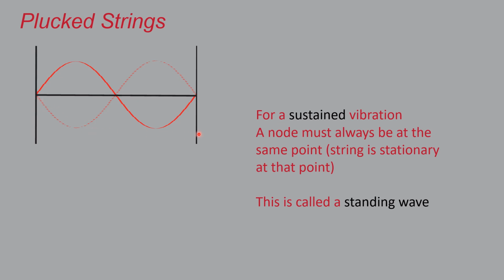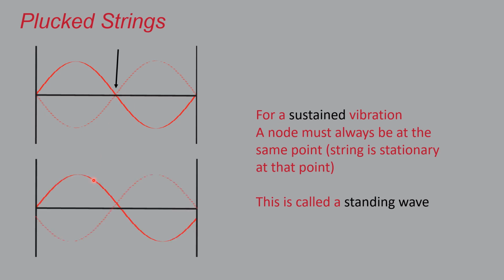And it turns out that these nodes, so we talked about nodes in the previous video, for the forward waves and for the reflected waves have to always be in exactly the same spot.